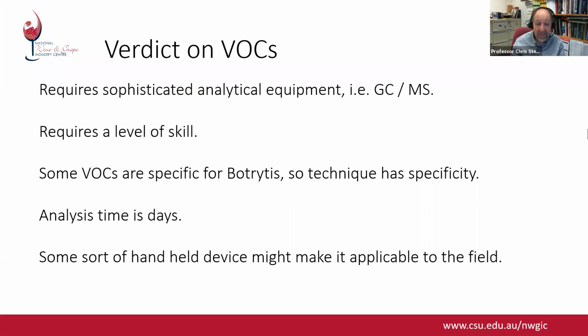We're talking about days. At the moment, we need to do this in the laboratory, but maybe in the future, some sort of handheld mobile GC mass spec device might be possible, where we can analyse the atmosphere of the vineyard, go along the row and perhaps say, yes, we've got some of these compounds at this part of the vineyard, turn the harvester off at these panels and then turn it back on at the next panel. So that's perhaps something for the future.